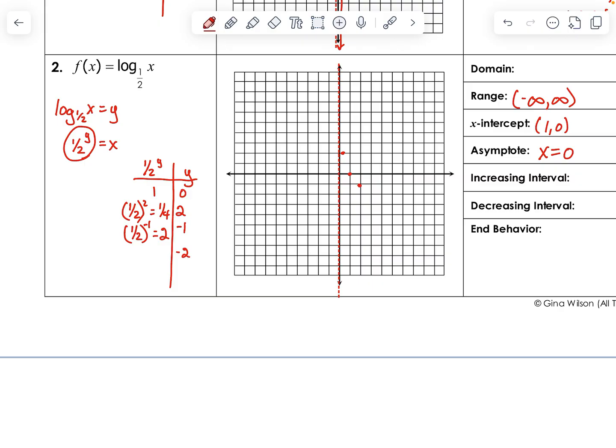Let's look at -2. 1/2 to the negative second is going to be 4. So (4, -2) is my other point. So my graph is looking something like this.